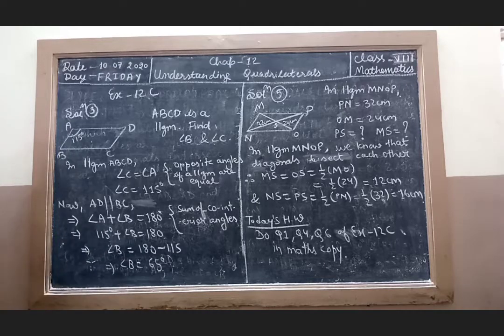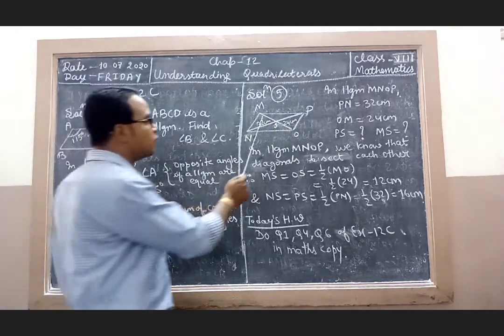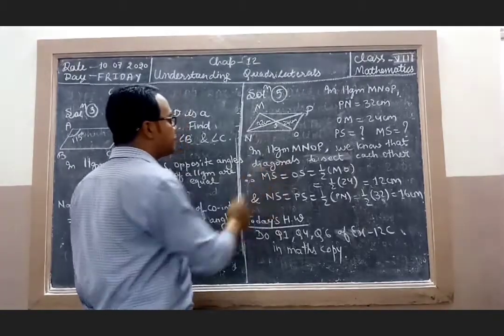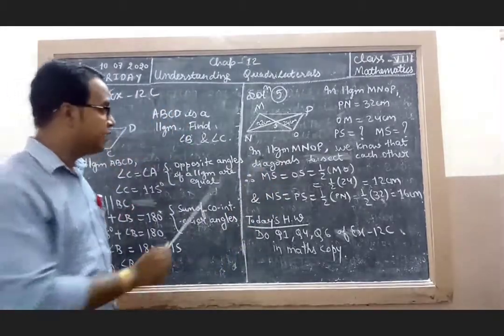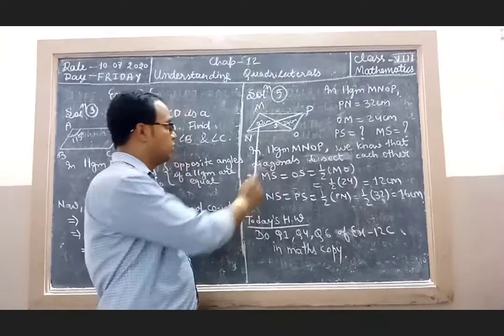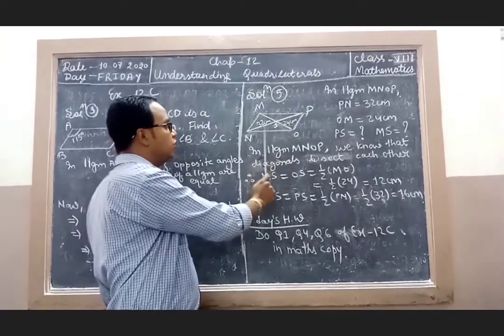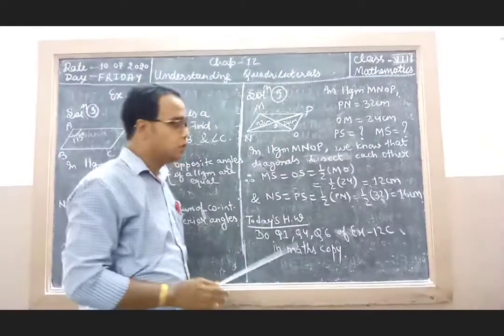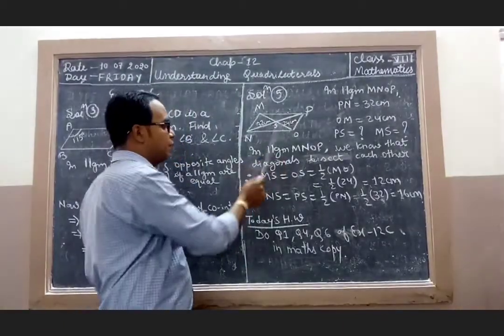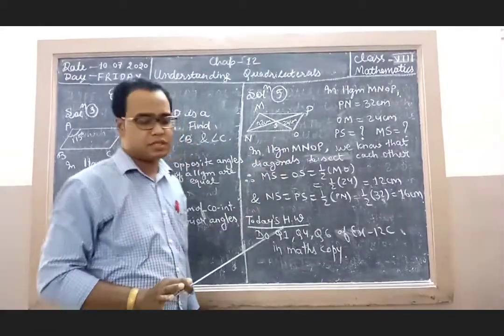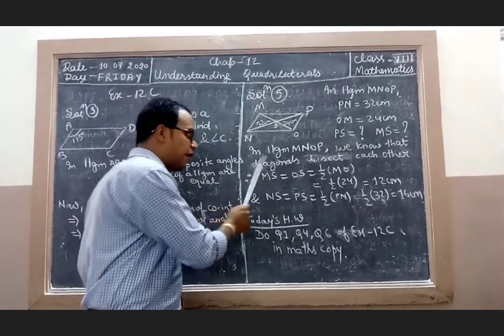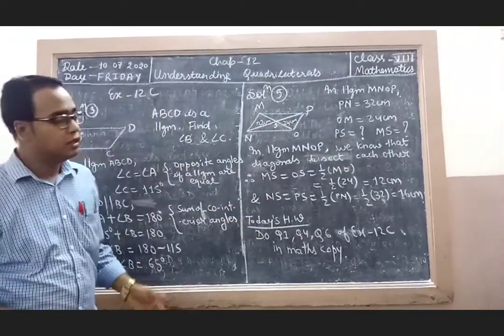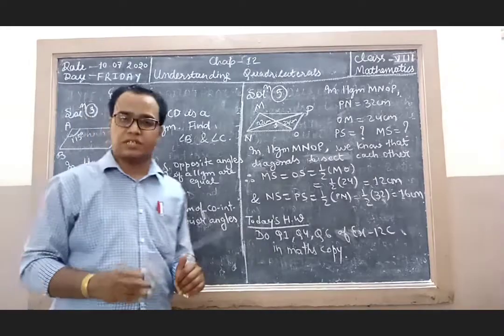Now question 5. In question 5, MNOP is a parallelogram and the lengths of the diagonals are given. NP is equal to 32 cm and OM equals 24 cm. They are asked about PS and MS. So in parallelogram MNOP, we know that diagonals bisect each other.